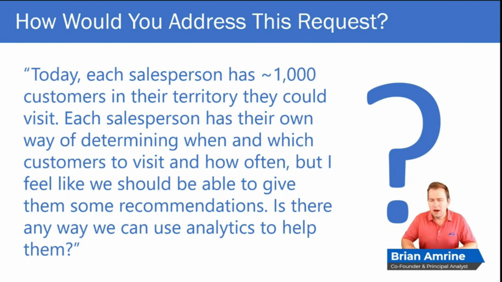You build that model and essentially you can run each customer through and say, what would my model predict that sales would be for this time period coming up if I called that customer today versus if I didn't call that customer today? If I visited that customer today versus if I didn't visit them today, if I emailed them today versus not.